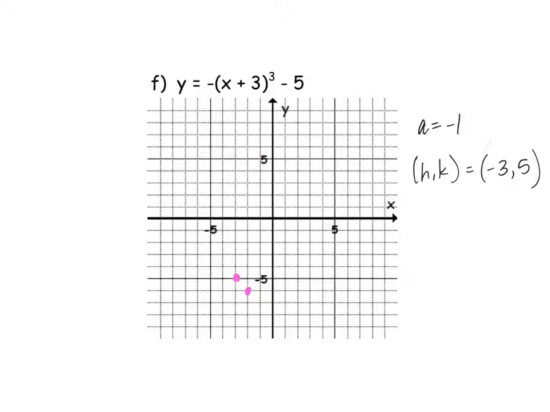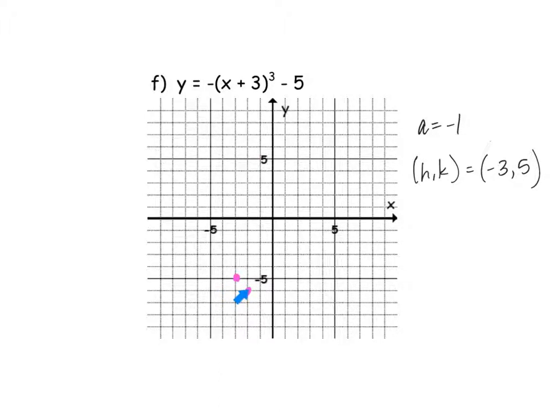Basically what we need to do is flip that over. And so these 3 points here are going to be, this will move from down here, and this will move to up here. So we need to do that all around my locator point here. So there was my -3, -5.